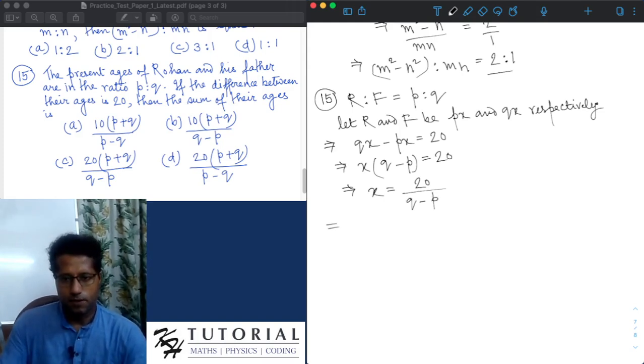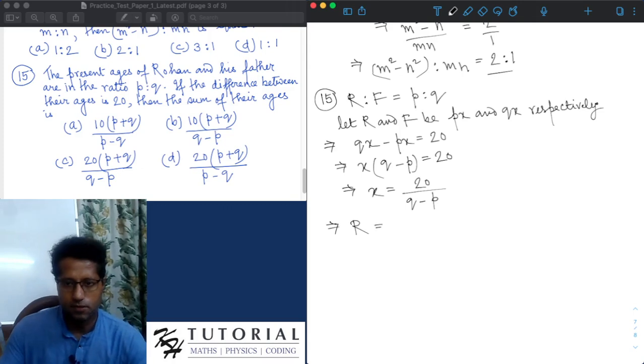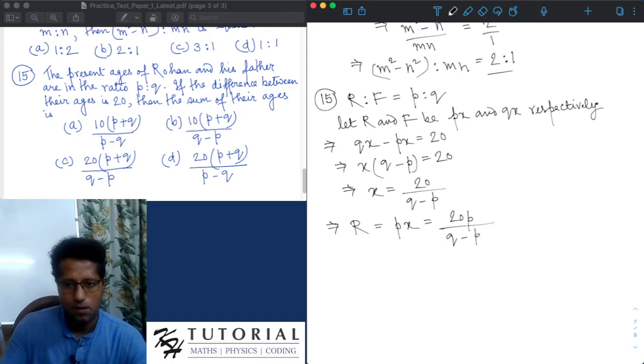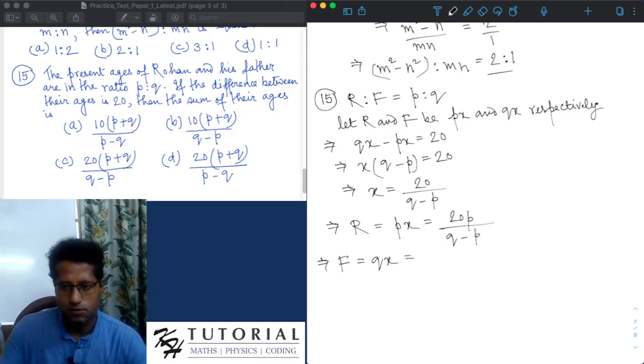So the present age of Rohan, Px, will be 20p divided by q minus p. Also F will be Qx, which equals 20q divided by q minus p.